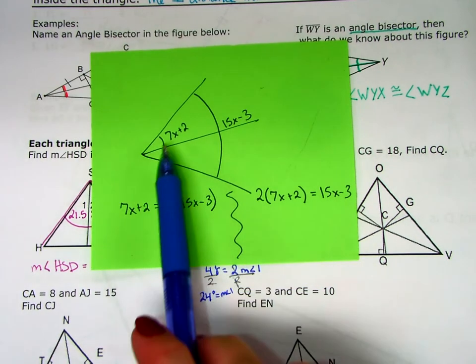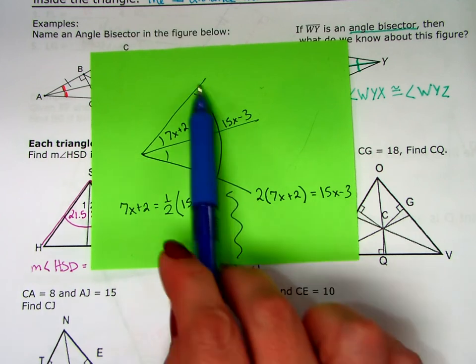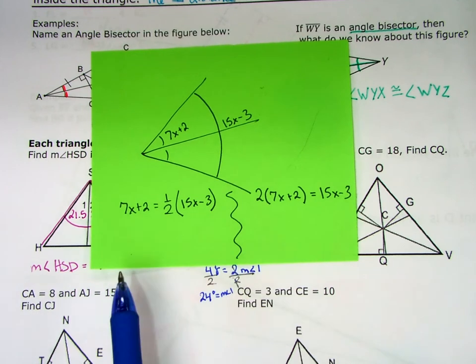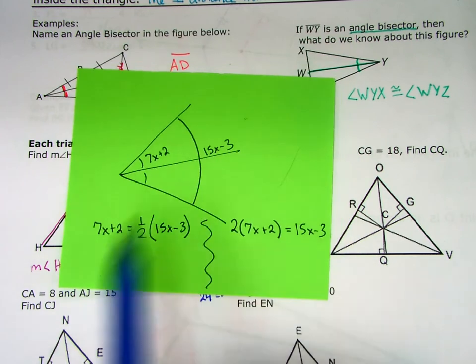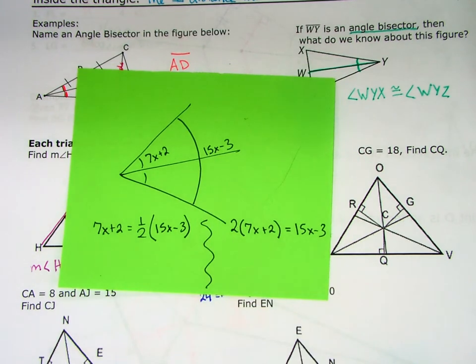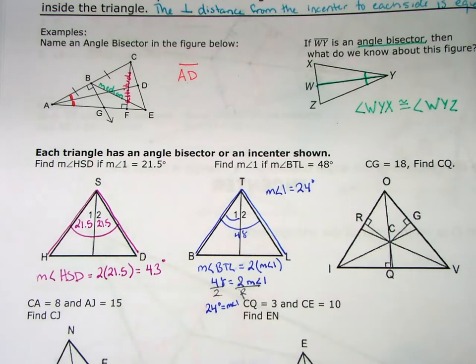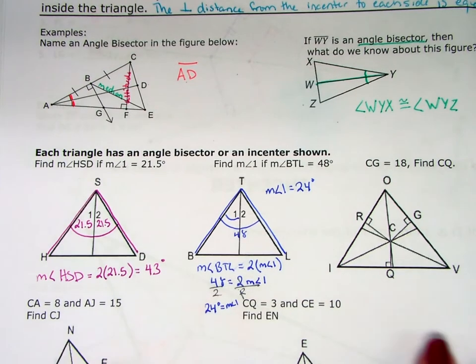So notice I wrote it in those two different ways. The 7x plus 2 is equal to half the whole thing, or it takes two 7x plus 2's to equal this whole thing. So it's important to be able to put it in an equation for when you have expressions instead of just numbers. Does that make sense? Yes. Okay. All right, glad I had that handy.